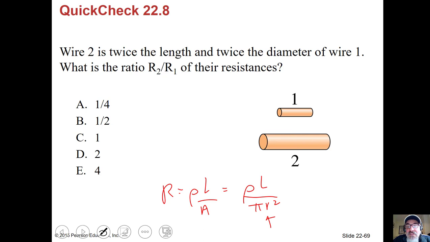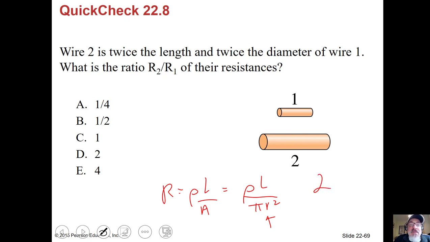So wire 2 is twice as long, so it would have twice the resistance for that reason. But the diameter is twice as big, so that would make it 1/4 as much resistance. The fact that it's twice as long increases the resistance by a factor of 2.